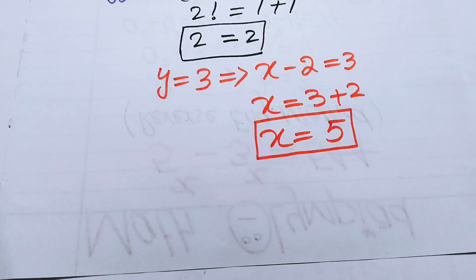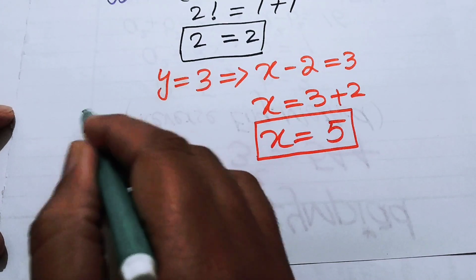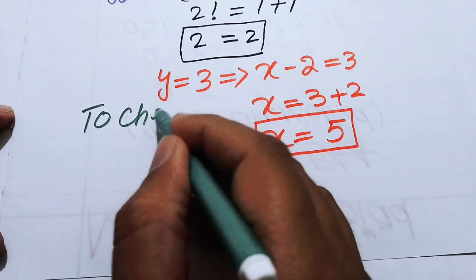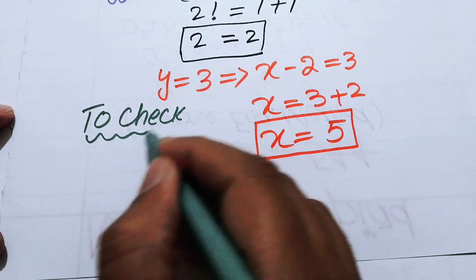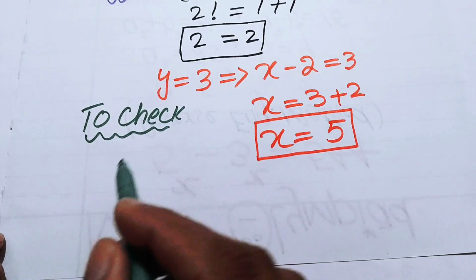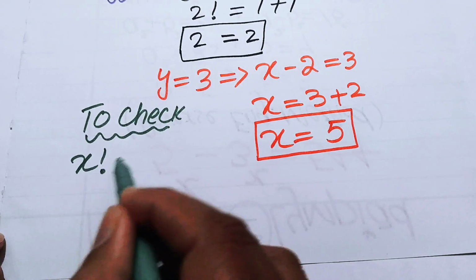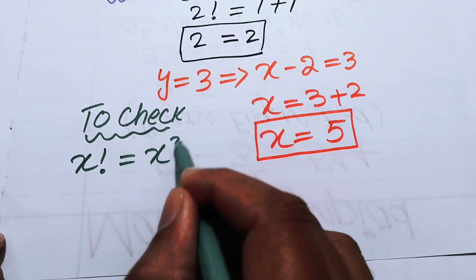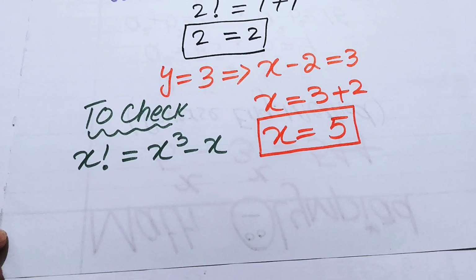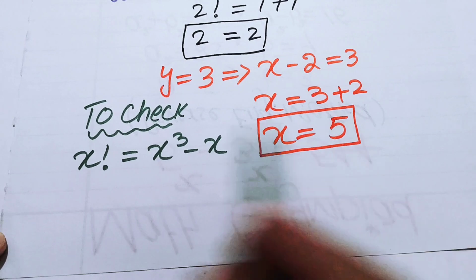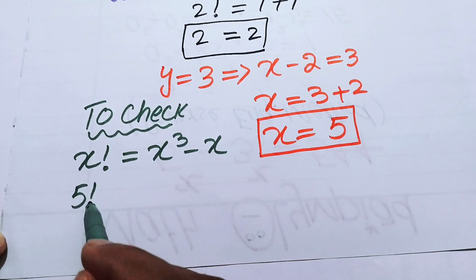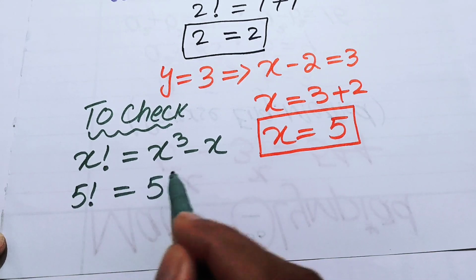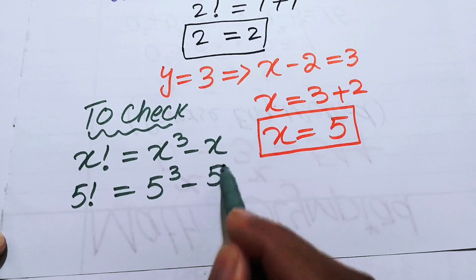And now we will check this solution. Does x equals 5 satisfy the given question statement or not? Our given question is x factorial equals x cubed minus x, and now you put x equals 5 and you get 5 factorial equals 5 cubed minus 5.